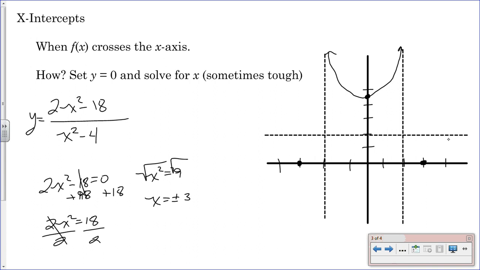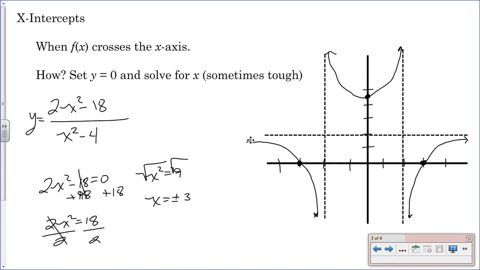All right, so now, since our intercepts are here, we have an asymptote here and an asymptote here. We know that this graph does this on that side, and I totally missed that. And we know it does this on this side.